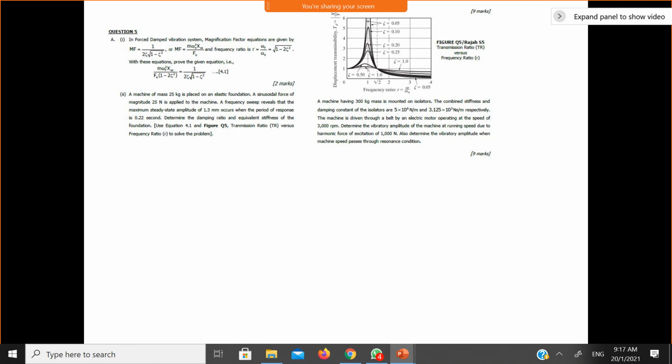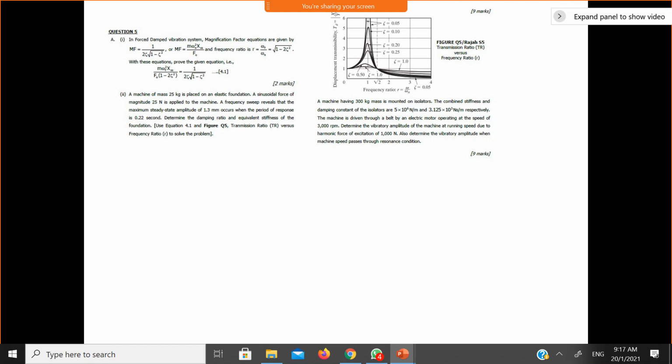Dia ada 2 MF dan kita nak dapatkan, kita nak kena provekan equation tu, jadikan dia sebagai M omega F square XSS over F naught 1 minus 2 zeta square equals to 1 over 2 zeta 1 minus zeta square set. Dua markah je tu dia bagi.